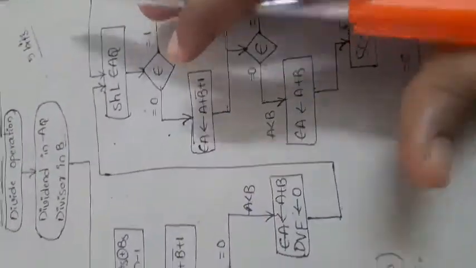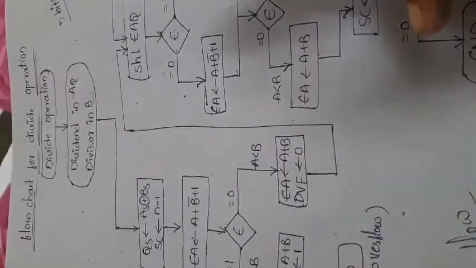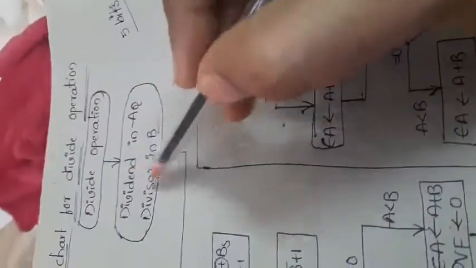Here first we have to calculate the sign of the quotient, and the sign of the quotient depends upon the sign of the dividend and the sign of the divisor. Just now I explained that we have to verify the sign bits first. We have two numbers, dividend and divisor.